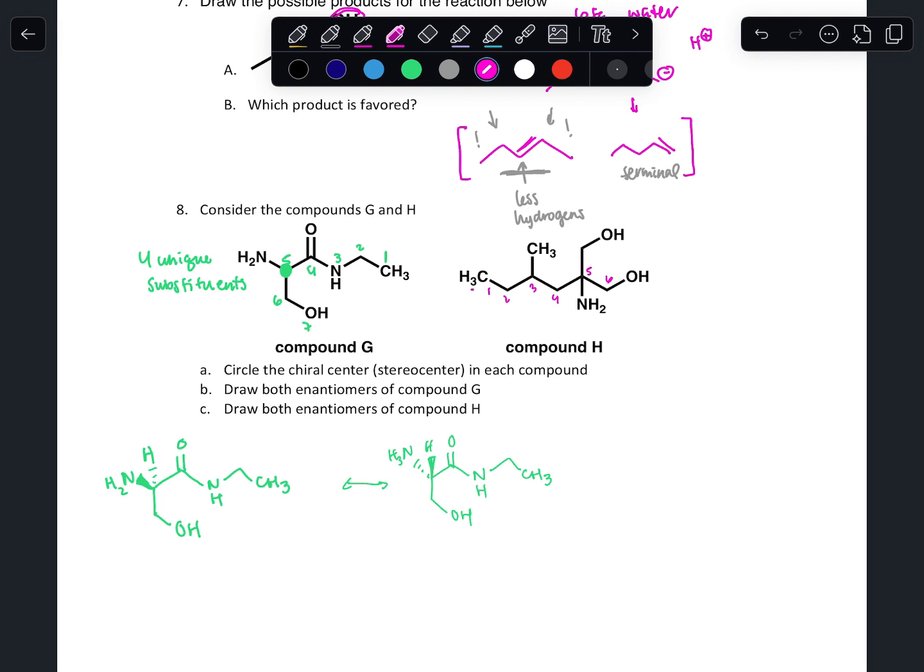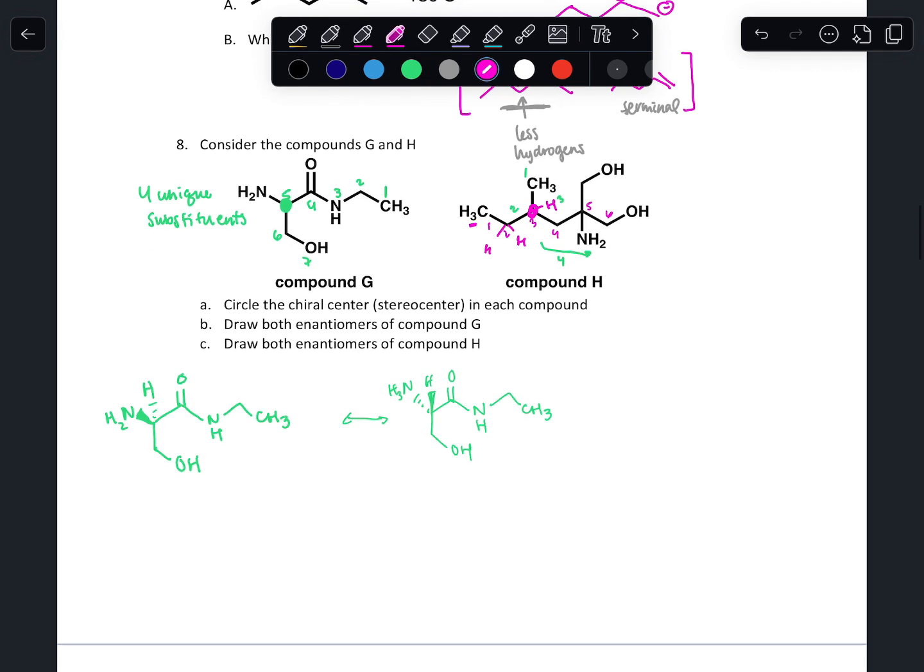Carbon 1 has 3 hydrogens, so that's not going to work. Carbon 2 has 2 hydrogens, so that's not going to work. Carbon 3 has 1 methyl group, 1 ethyl group, 1 hydrogen, and then the rest of this chain. So carbon 3 is going to be our chiral center. So we'll draw out compound H.